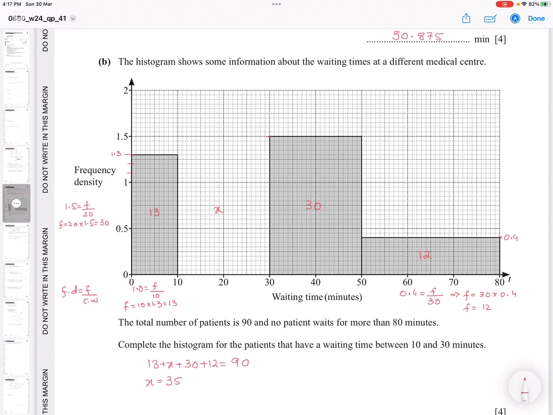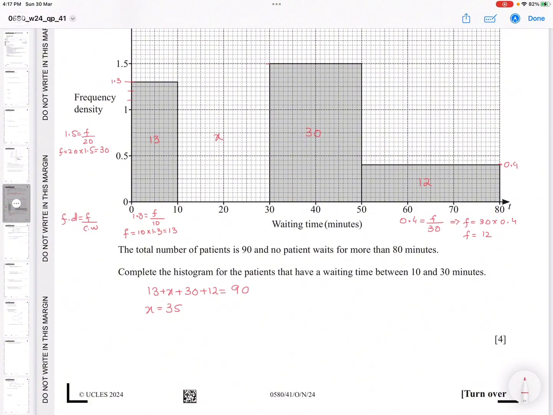So now you can calculate the frequency density of this class as well. Frequency density equals frequency divided by class width.